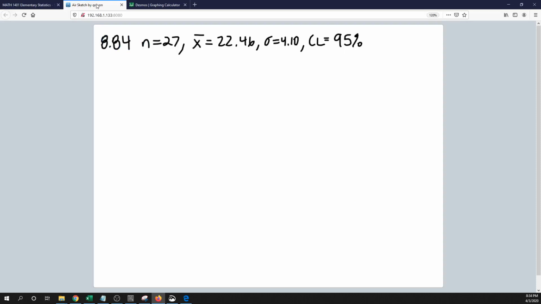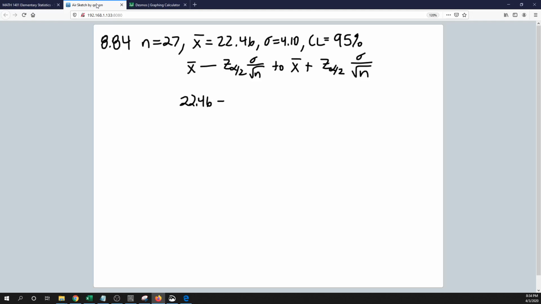We want the confidence interval, so we know it's x bar minus z of alpha over 2 times sigma divided by the square root of n, to x bar plus z of alpha over 2 times sigma divided by square root n. X bar is 22.46.